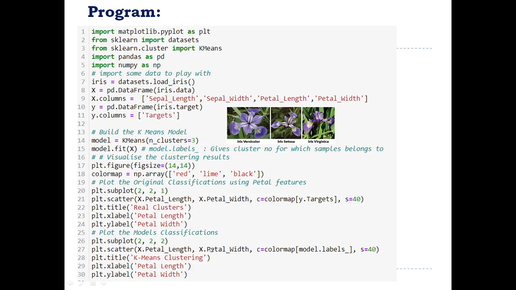Then these are the scatter data points. Here x-axis petal length, then y-axis petal width, then color we have to give based on the parameters. Then the marker size for the data points, here it is 40. Then the graph plot title, it is k-means clustering, then the x label and y label.